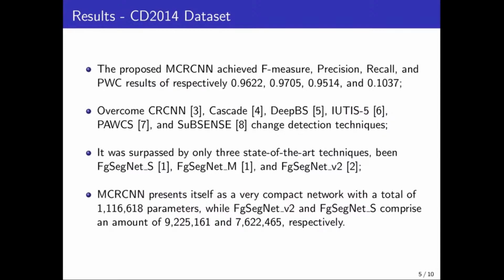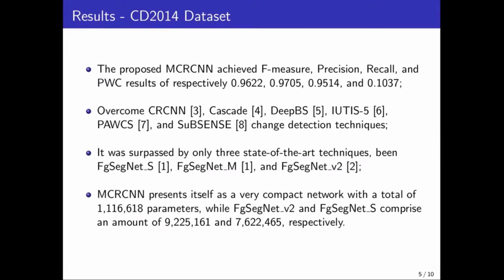The proposed MCR-CNN was evaluated on two data sets, one of them a public one called Change Detection 2014, and the second one a private data set called Petrobras Routes. In the CD 2014, we achieved almost state-of-the-art results with F-measure, precision, and recall above 0.95 and PwC around 0.1.